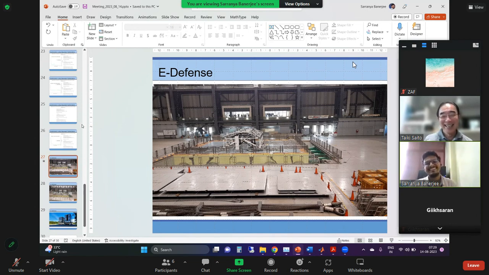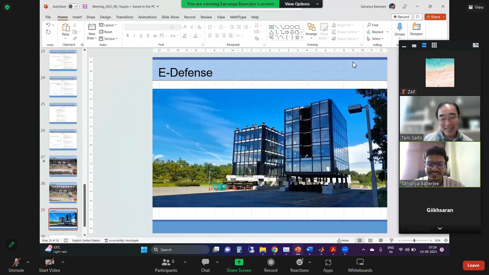And also, Sensei, we saw the last building which was tested last time. This was outside e-defense. This building was tested on that shake table in the last public showing. This is actually part of one building. This building was put on top of this, and then it was tested.